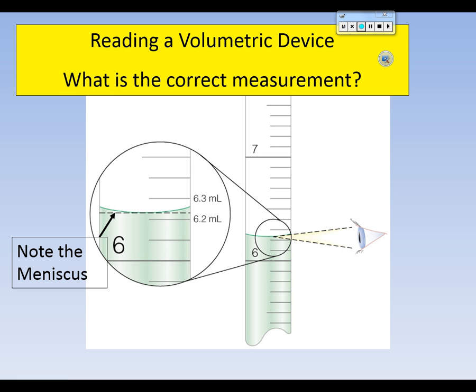The certain digits, right? And how many certain digits are there in this measurement? 2. Plus how many uncertain digits? 1. For a total of 3. So this measurement has 3 significant digits. Even though some are certain and some are uncertain, they're all important to our measurement.